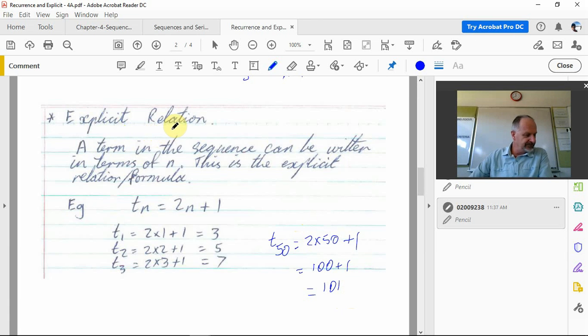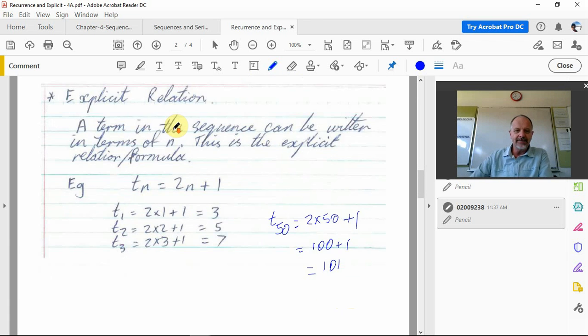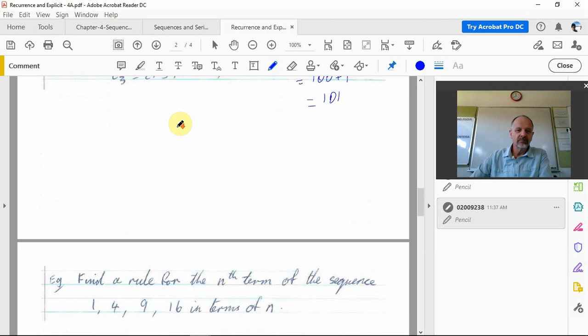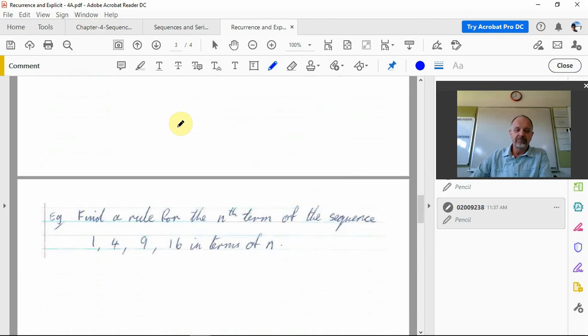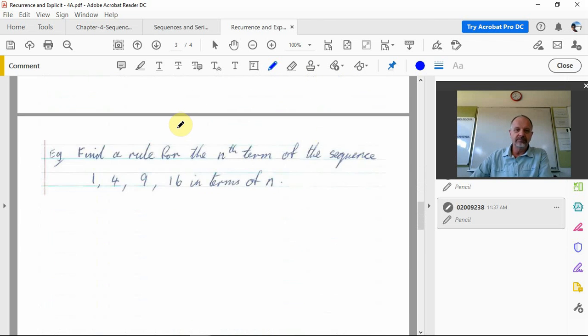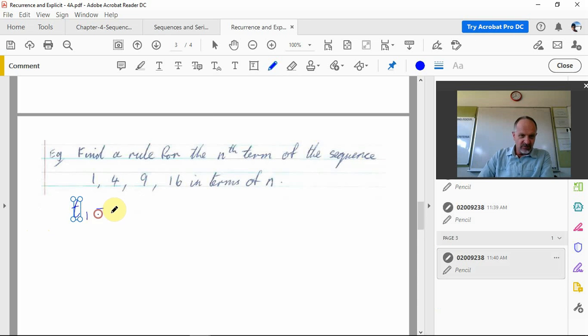The explicit rule may simply have the n in it, or may have some other things in it. Here's an example. Find the rule. Term 1 equals 1, term 2 equals 4, term 3 equals 9, and term 4 equals 16.